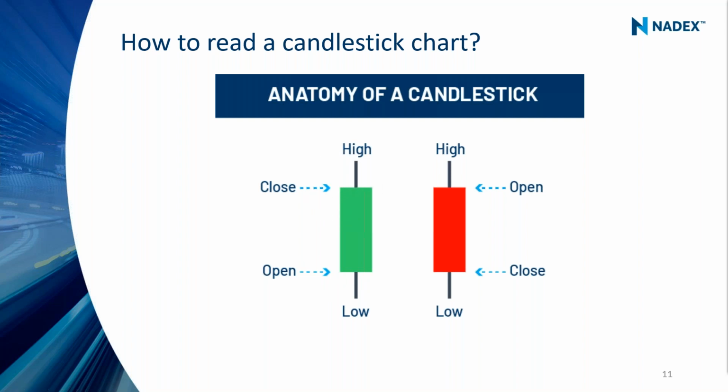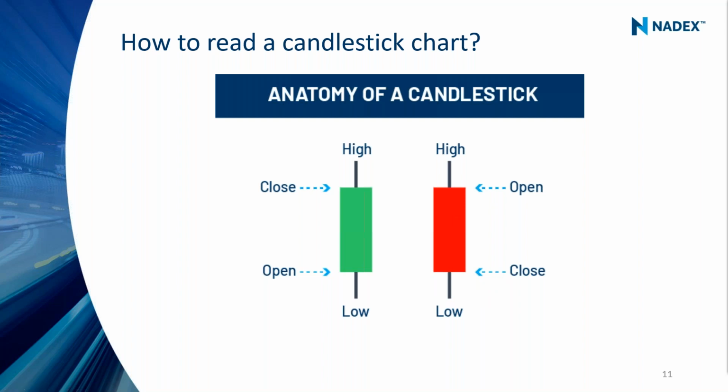Now, it's the exact opposite if you've got a red candlestick. If you've got a red candlestick, it means it closed lower than it opened. So the top of the candlestick is where it opened, and the bottom of the body is where it closed. So that is the body. It is the open and the close for this 15-minute candlestick.